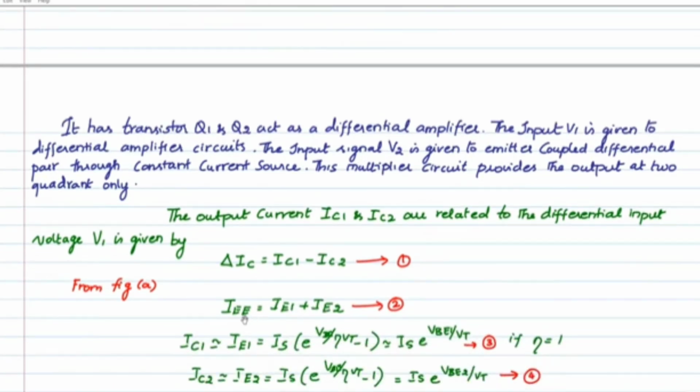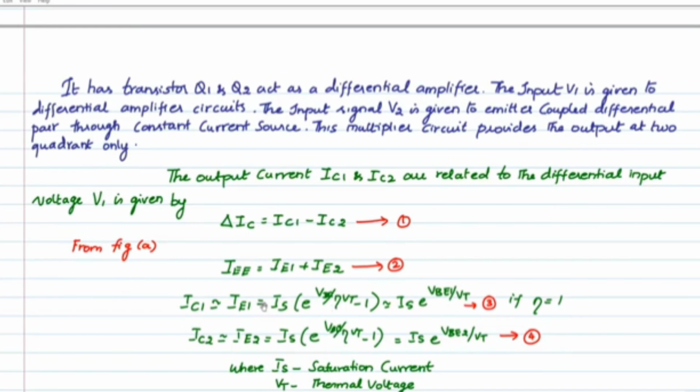So you can see V1 is given to the base of the two transistors Q1 and Q2. IC1 is the current flowing through the two collectors of the transistors. So this is a simple multiplier using an emitter coupled transistor pair.